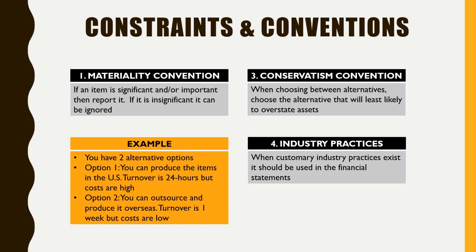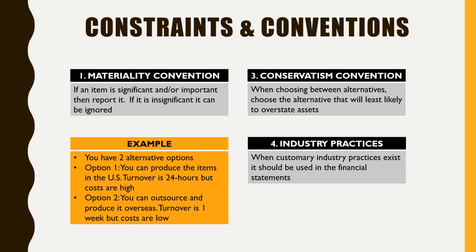So again, in this case, you're going to have 2 alternative options. This is an example if you are a t-shirt type of company, okay? Let's say your option number 1 is, is it worth it to produce your products in the United States? Because the benefit is that you can get a 24-hour turnover, but the cost of that is going to be significantly high.